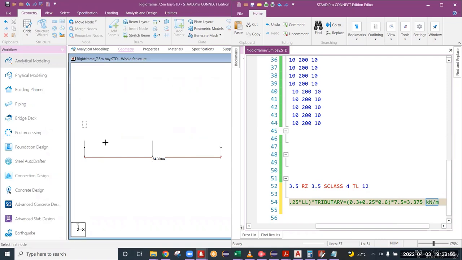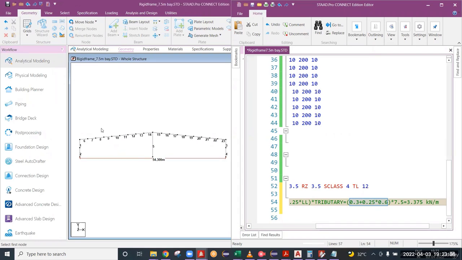Dead load and live load, which we considered to calculate seismic weight, act on the rafters only, not on the column. They will distribute to the column, but they will not act directly on it. That is why we have to apply seismic weight on the rafters only.